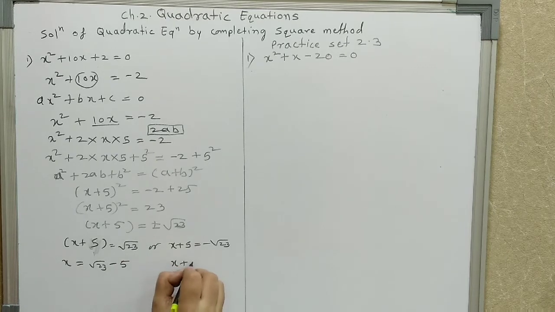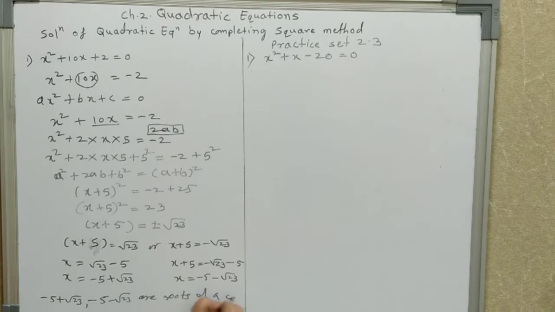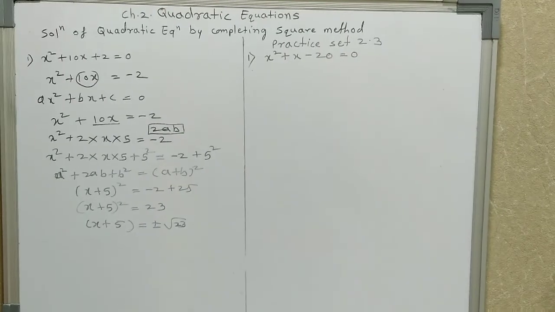And x + 5 = -√23 gives x = -5 - √23. We can also write this as x = -5 + √23 and x = -5 - √23. Now -5 + √23 and -5 - √23 are the roots of this quadratic equation.